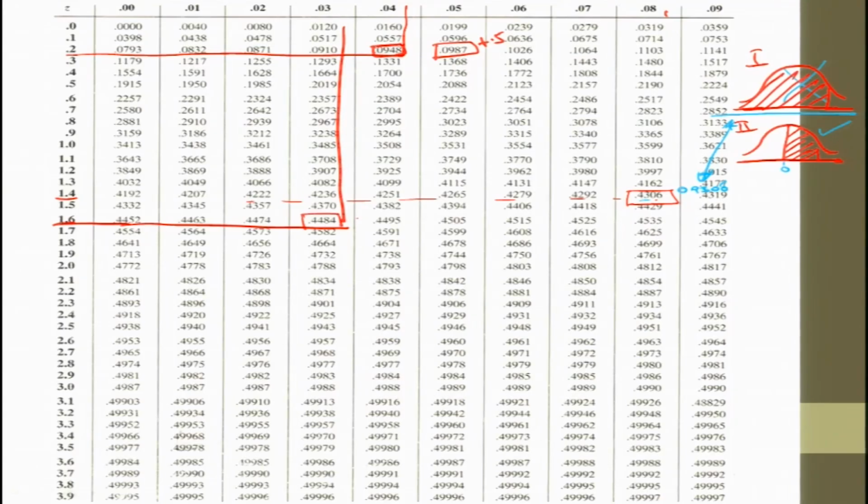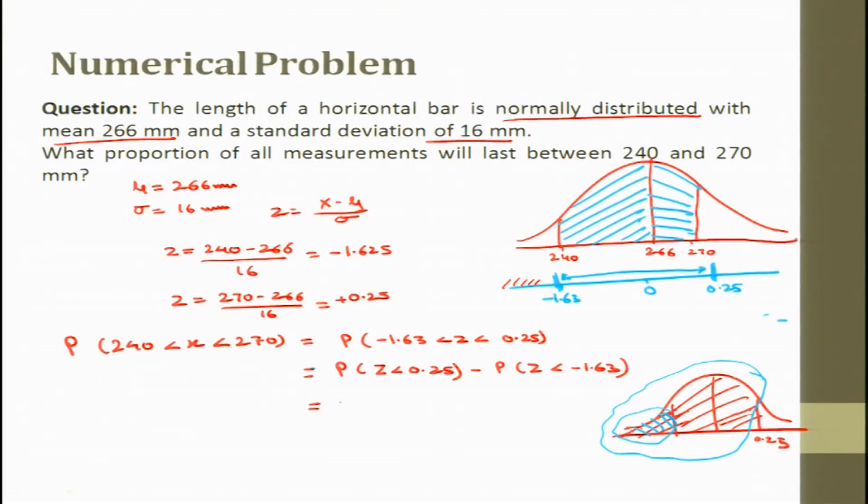I'll actually subtract this from 0.5. So this is equal to, I'll put it in a bracket separately, 0.5 plus 0.0987 minus, the next value is 0.4484, but this would be subtracted from 0.5.